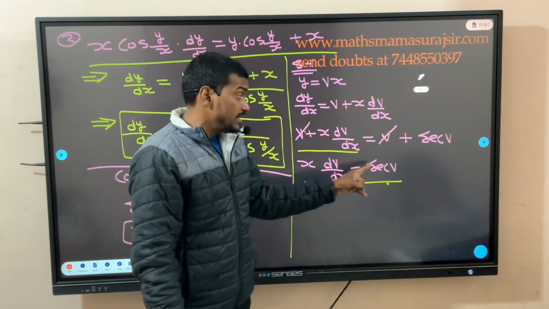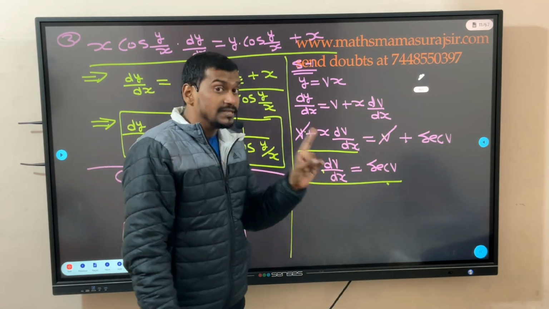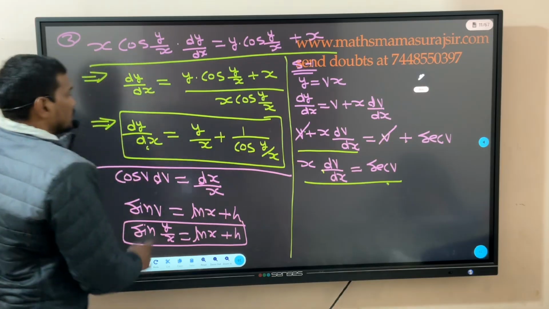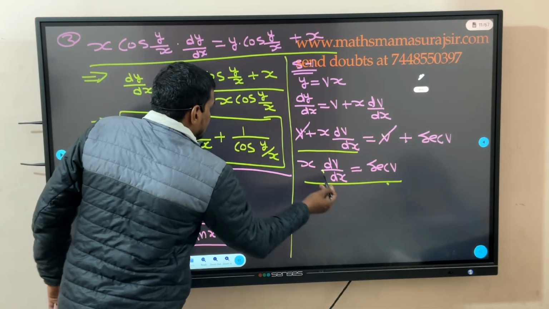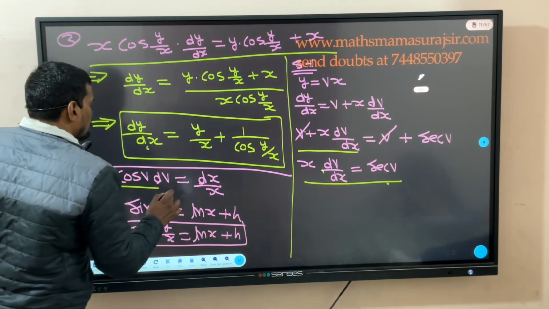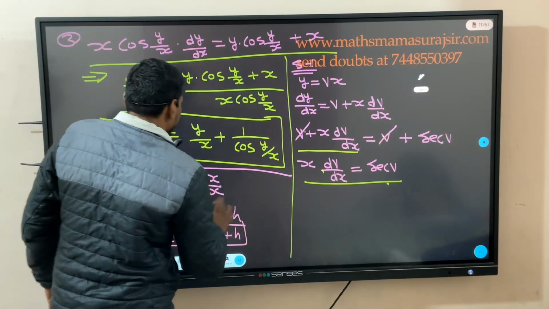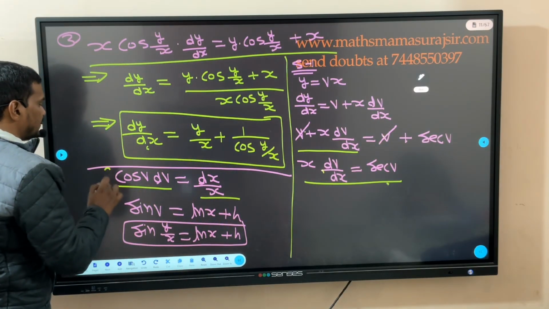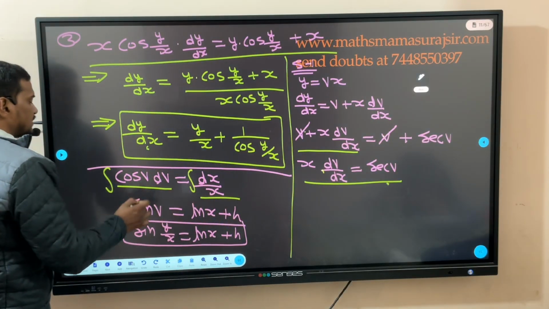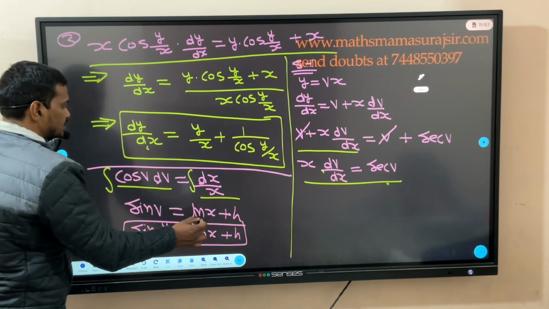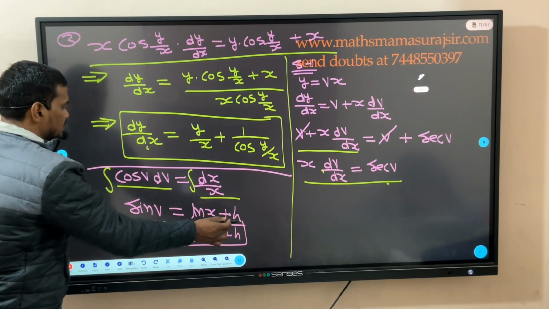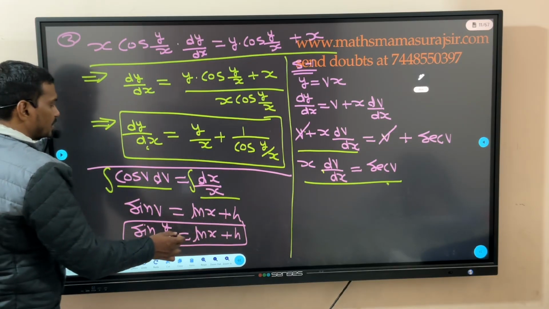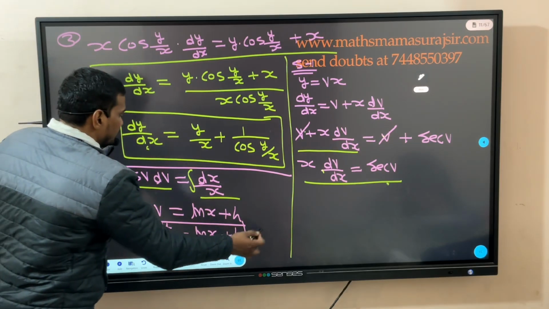This dv you will keep with secant v, dx with x. If you divide by secant v, it will become cos v. So cos v dv, and here dx by x. If you integrate both sides, cos integration is sine, 1 by x integration is ln. So sine of y by x equal to ln x plus lambda. That's our answer.